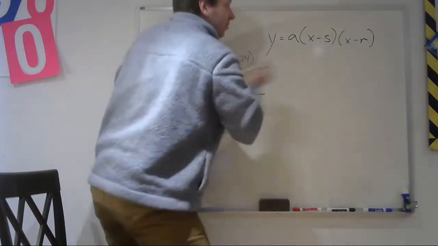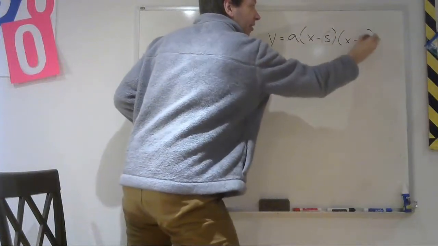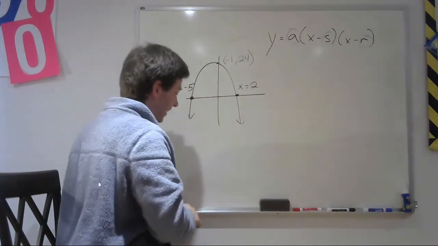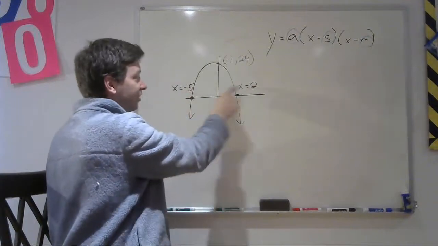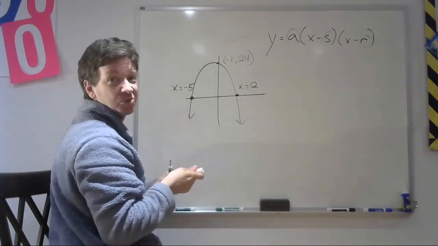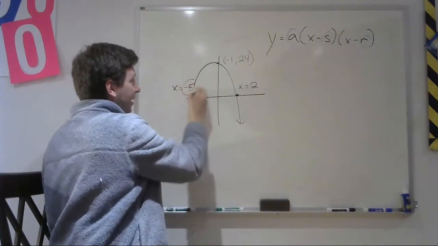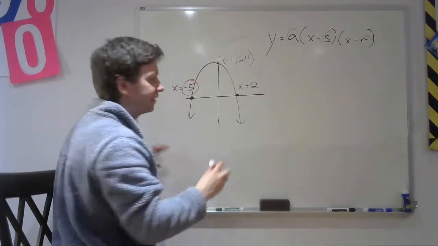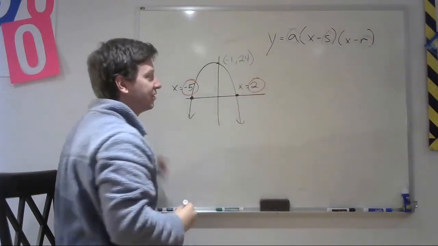We need to figure out the value for s, r, and a. Now s and r aren't too bad at all. They're actually your x-intercepts. So it doesn't matter which is which. -5 we can choose to be s, or r, again doesn't matter. And 2 we can choose to be r.